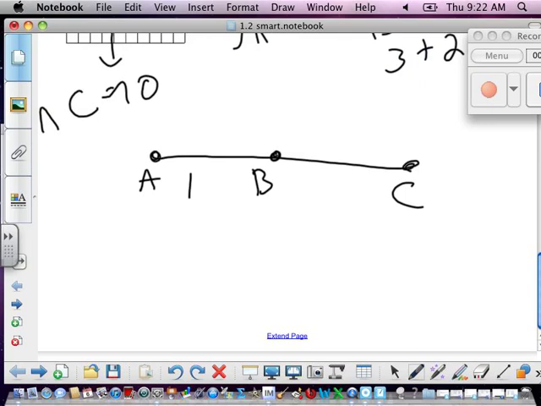Right? Okay, let's do it a little bit differently now. So let's say AC is still 10, AB is x plus 1, and BC is 2x.